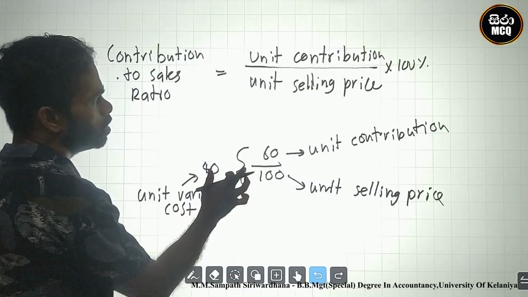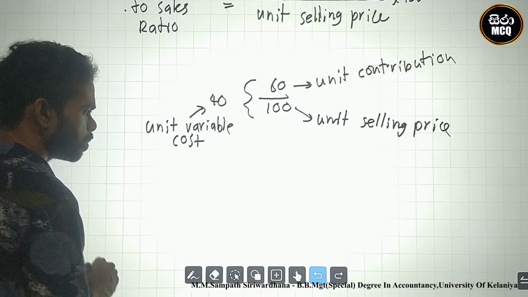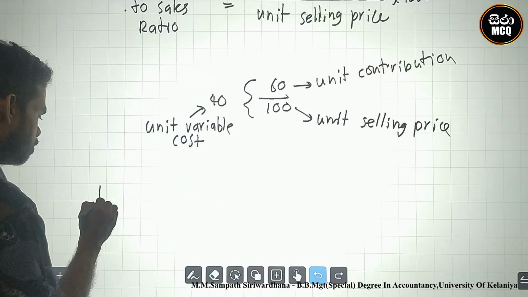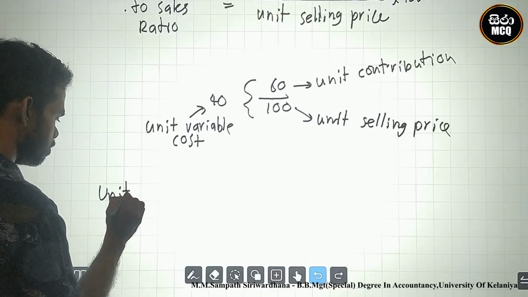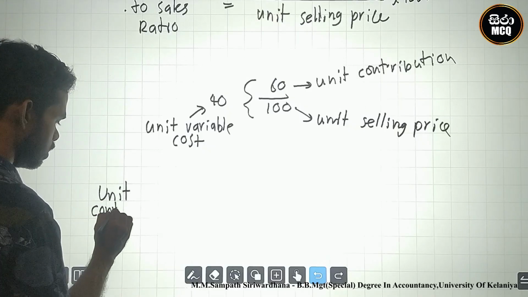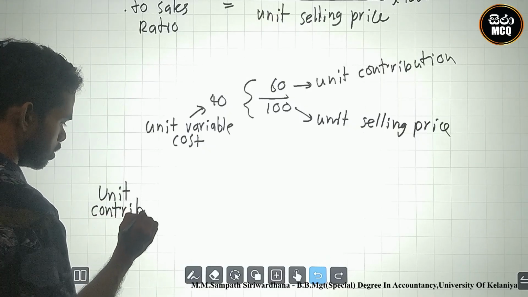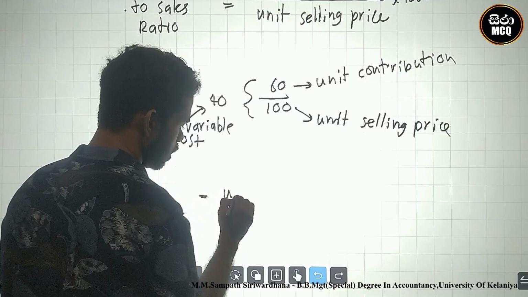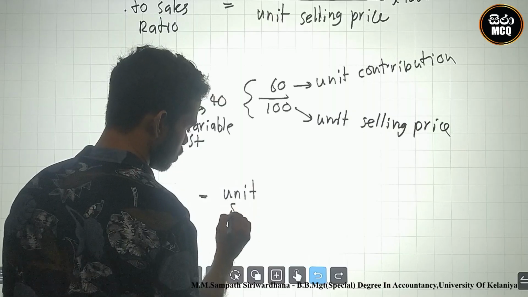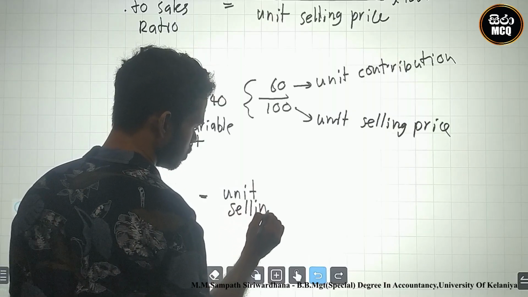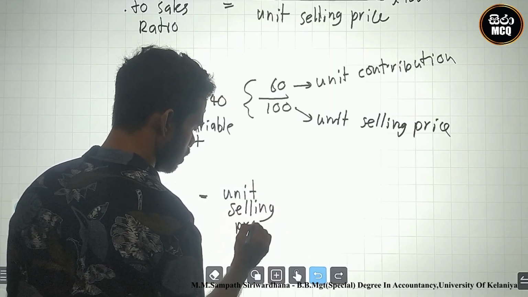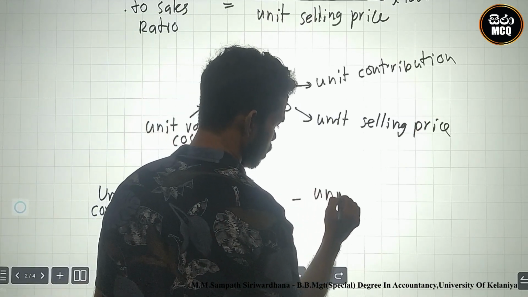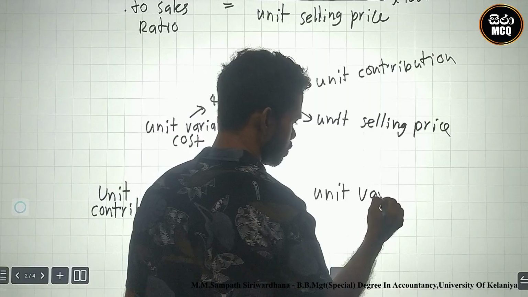Why? Use this formula. How can we find the unit contribution? Look here. Unit contribution equals unit selling price minus unit variable cost.